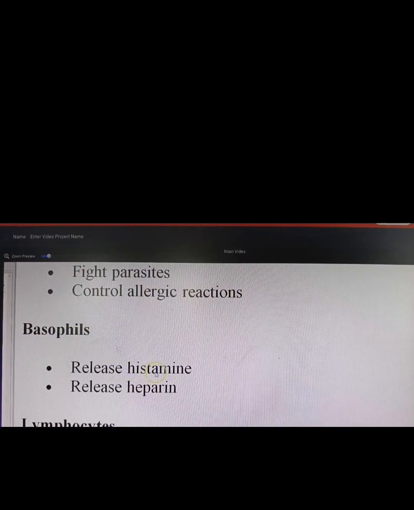Basophils release histamine. Histamine is a chemical that causes allergic reactions and helps the body respond to injury and infections. Next, they release heparin. Heparin is a natural anticoagulant that prevents blood clotting inside the blood vessels.